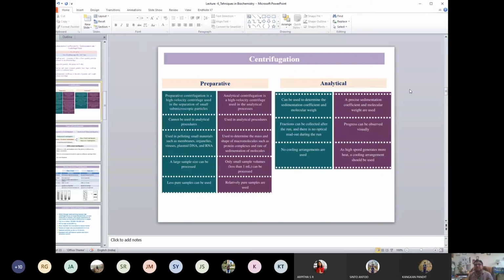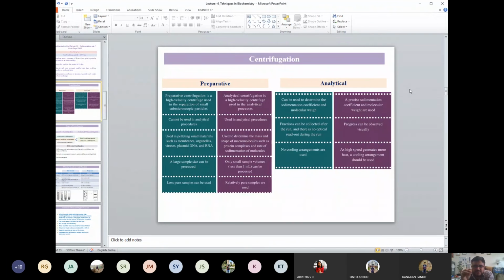In case of preparative, it is very robust, rough, and easily you can run, but there is no facility for actual or real-time observation or visualization of the centrifugation process. Whereas in case of analytical, on a real-time basis you can visualize the separation of the particles and some of the reactions where we need to observe the change in particle pelleting or other variables.